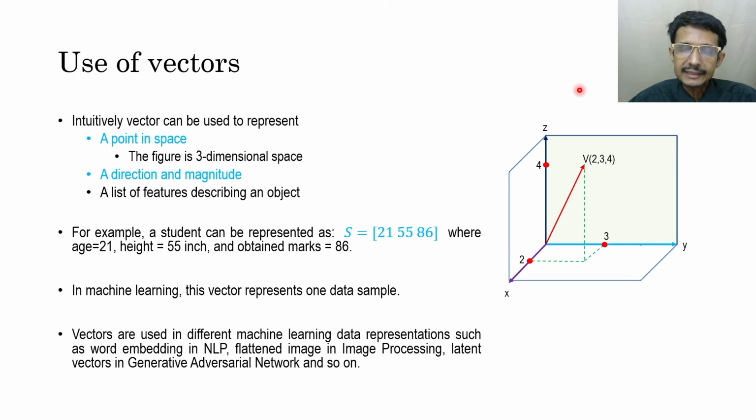But if we flatten it, reading row by row and adding the rows one by one, it becomes a vector, a one-dimensional space. This is called a flattened image. Then there are latent vectors in generative adversarial networks, which are representations of data points. So these are the basic uses of vectors in machine learning and generative AI.